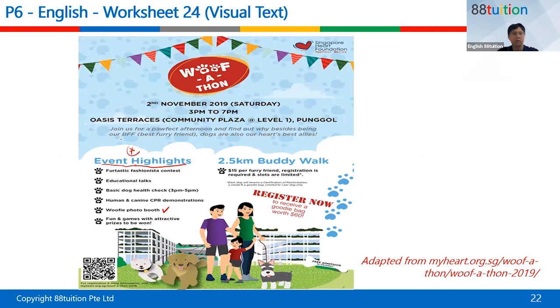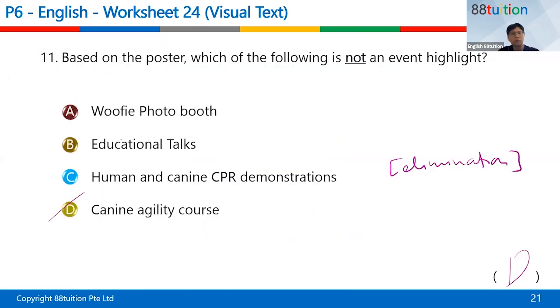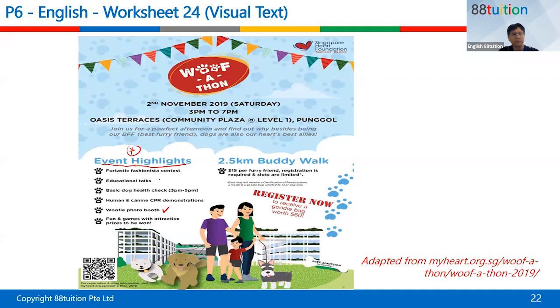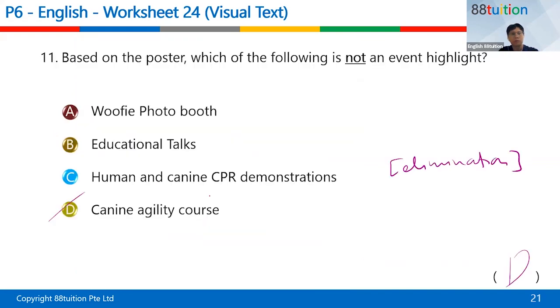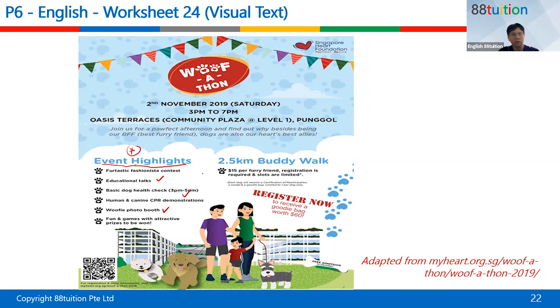So let's check it out. Educational talks, have here. Then human and canine CPR demonstrations. Okay, so you got 3 of those. But let's check out the last one. Don't have. The last one don't have.